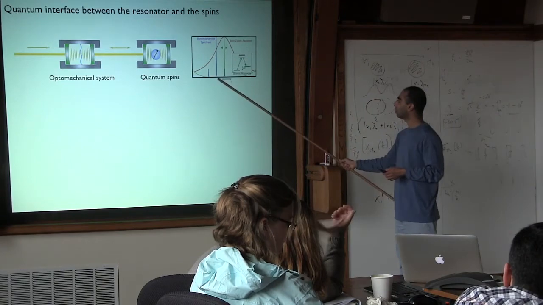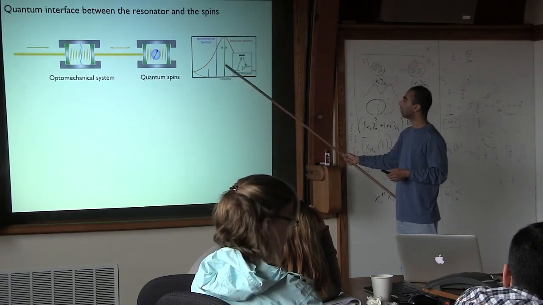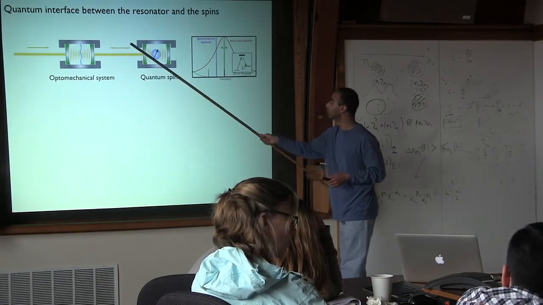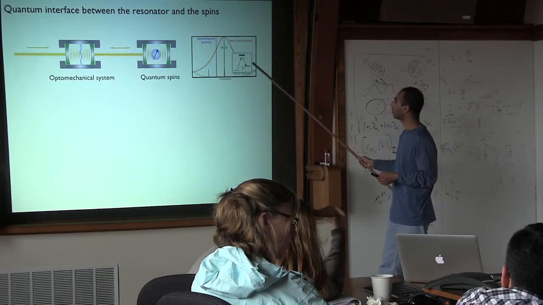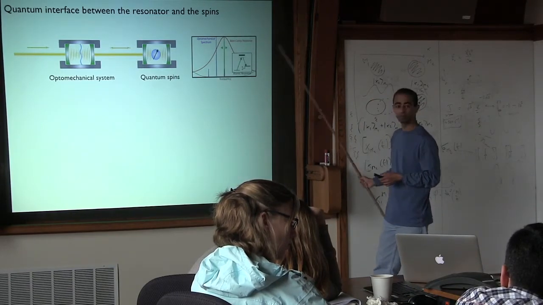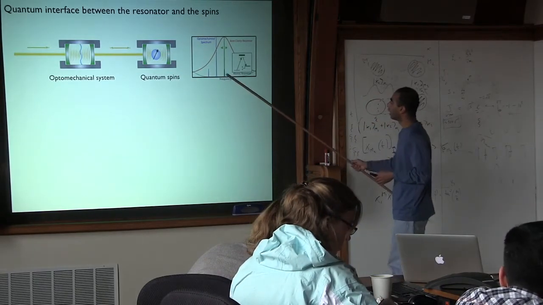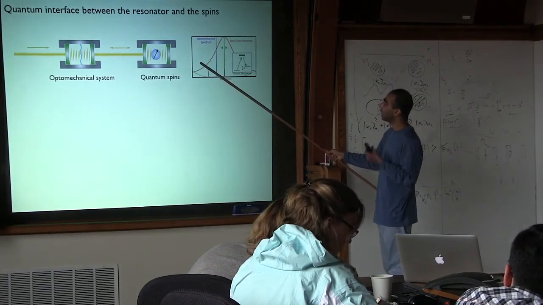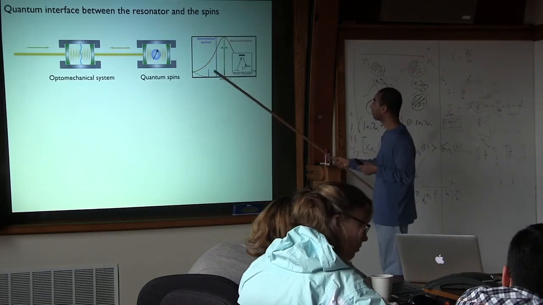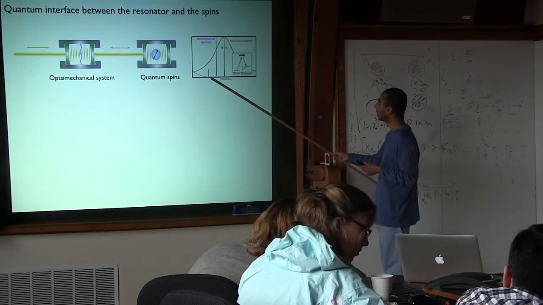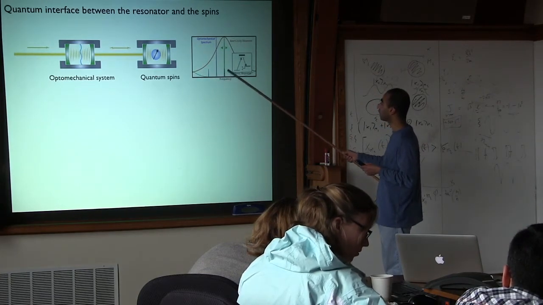Optomechanical cooling in and of itself in this cavity is not going to work very well, because the cavity linewidth is much larger than the mechanical frequency. But then we couple this to the long-lived spins, and what you're essentially creating is an EIT-like line shape with a resonance that we can park exactly around the blue sideband.